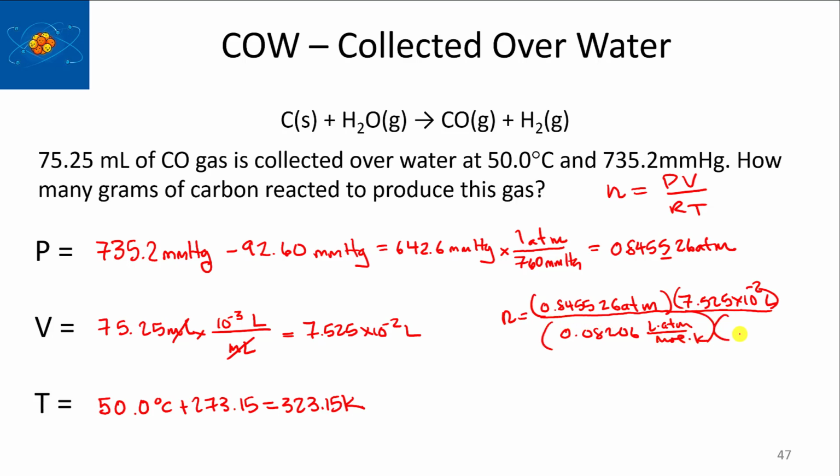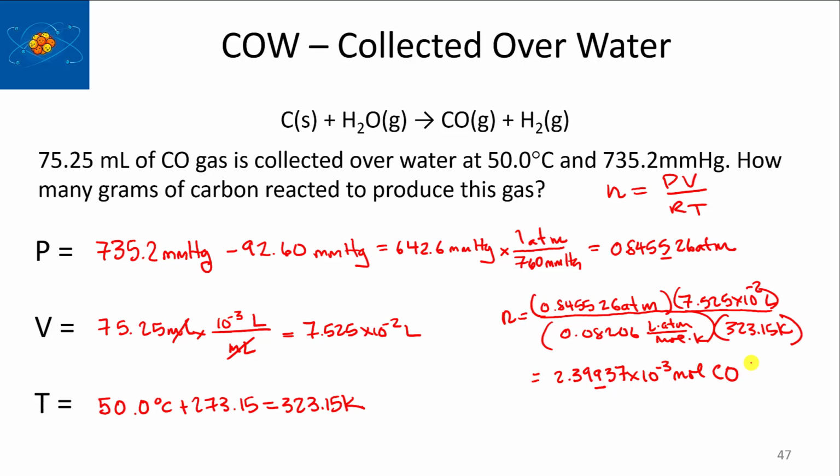And then T is 323.15. When I do the calculation, that gives me 2.39937 times 10 to the minus third moles of CO.